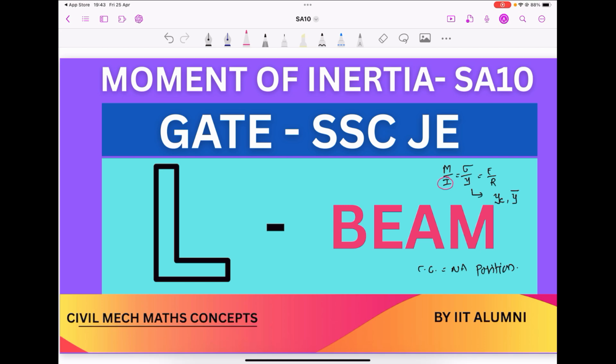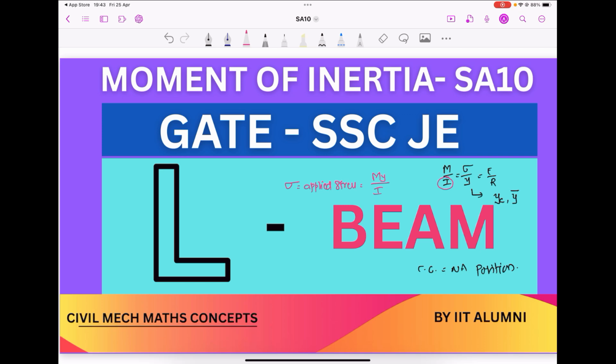The critical part of this total calculation is finding the moment of inertia or second moment of area of the given shape. From that we will find sigma. Sigma, that is the applied stress at a particular point, is equal to M y by I.